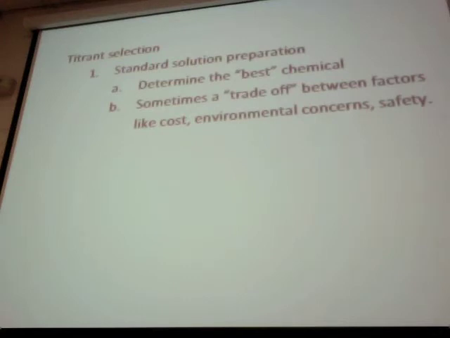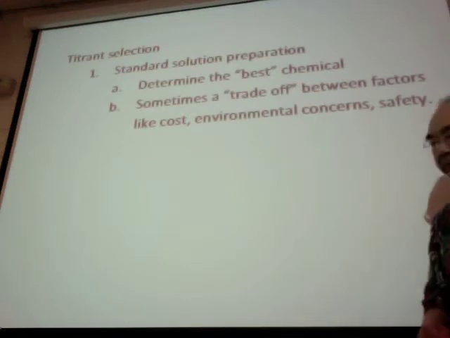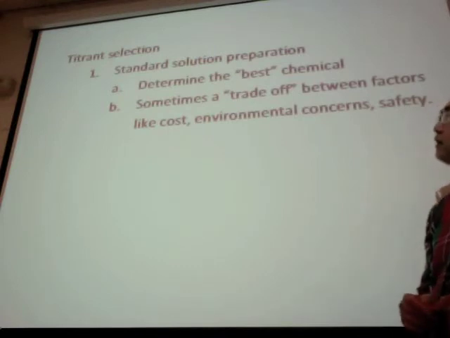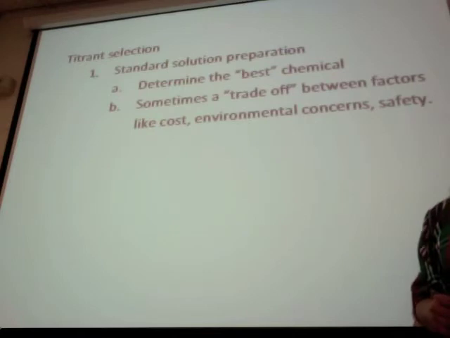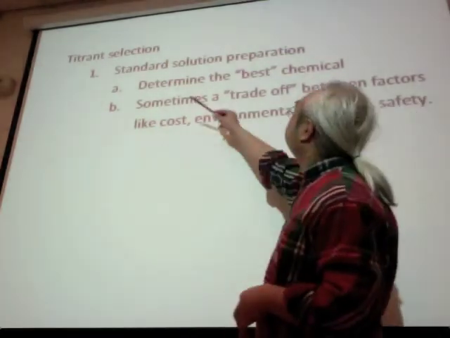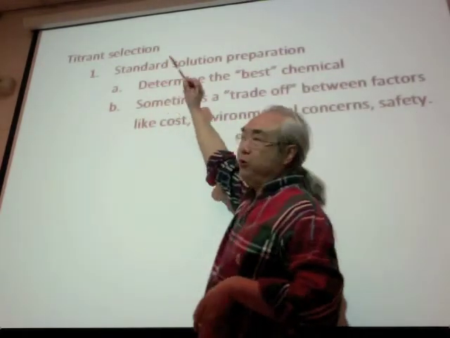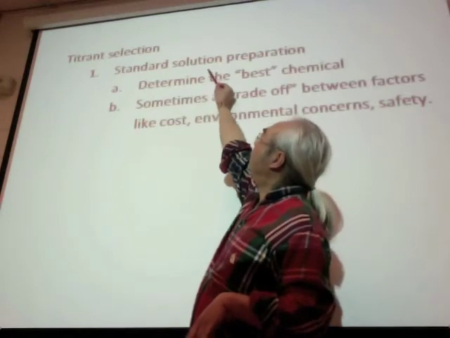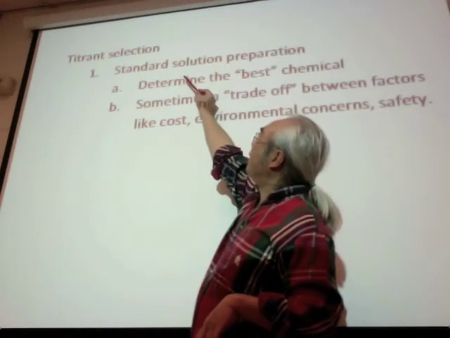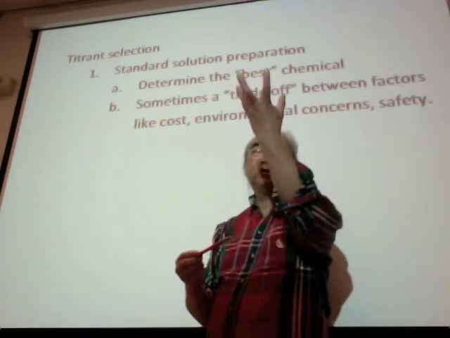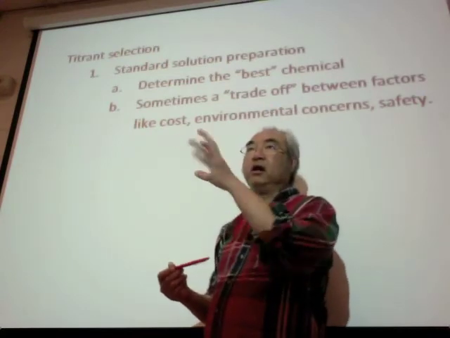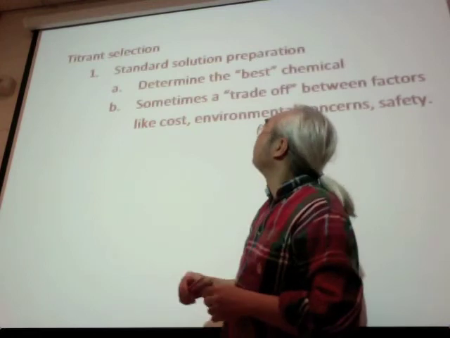Okay, next is that to carry out the titration, you will need to pick a suitable titrant, right? Once you pick a titrant, a chemical, you will need to prepare your standard solution because your titrant is a known concentration.